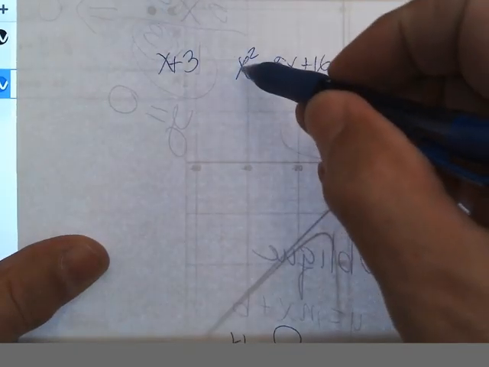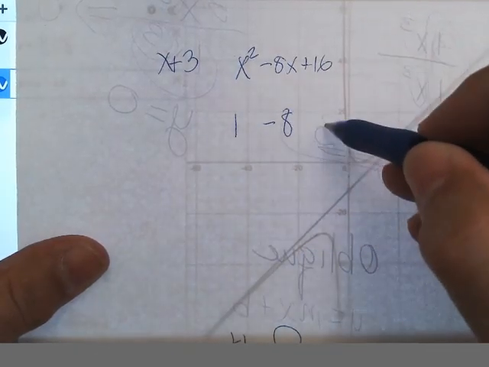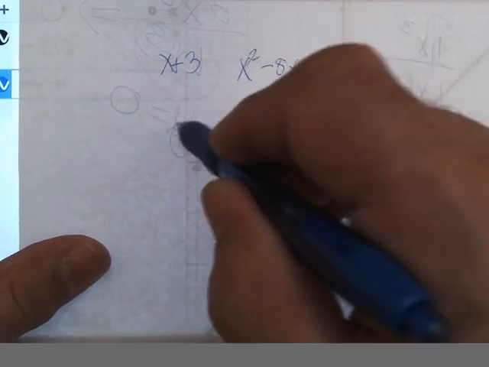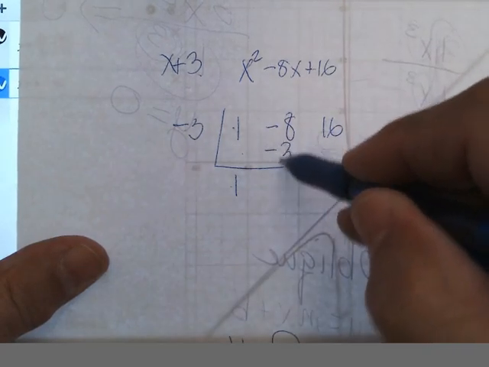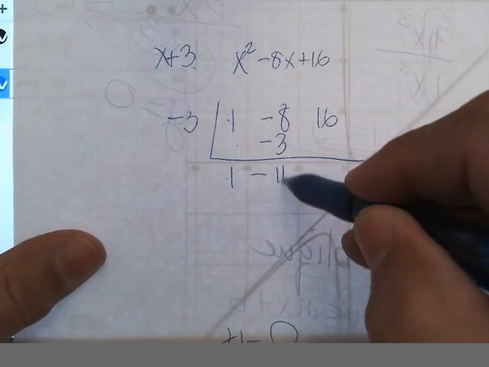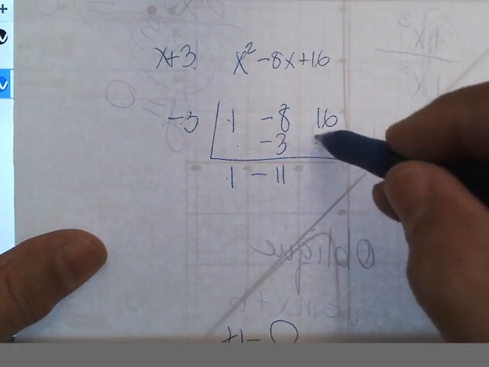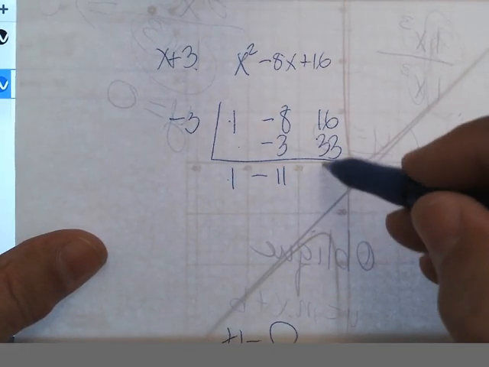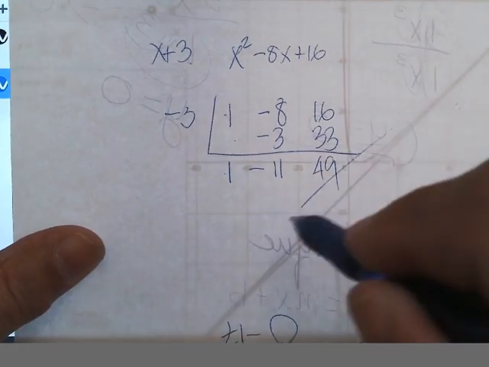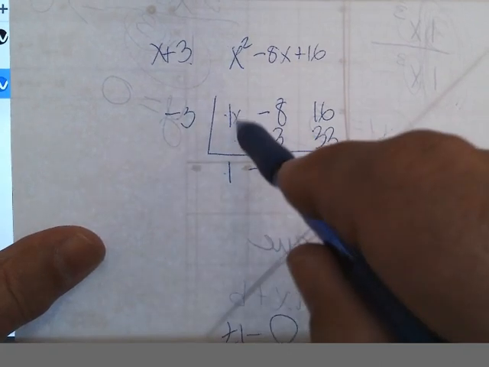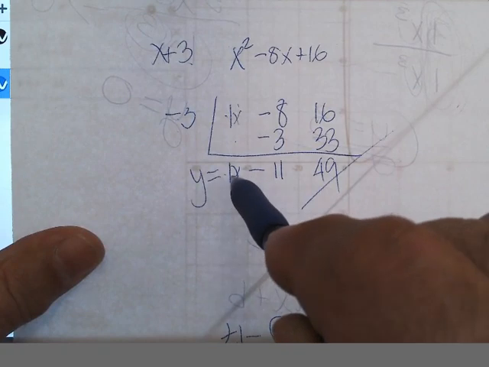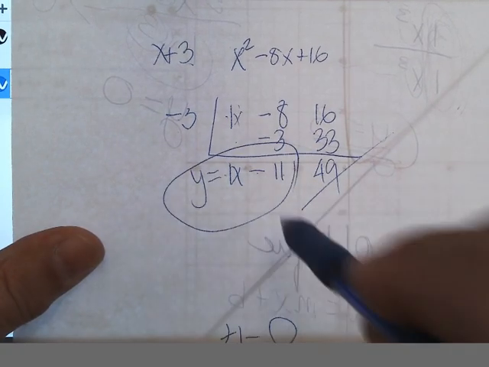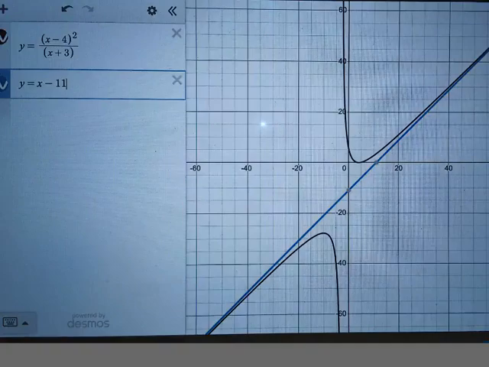So synthetic division, we'd have 1, negative 8, 16, with minus 3 on the side. Bring down 1, times minus 3 is minus 3. Add, we get negative 11, times minus 3 is plus 33, and we get 49. We don't care about that. This was x squared, so it becomes y equals 1x minus 11. Got the oblique asymptote.